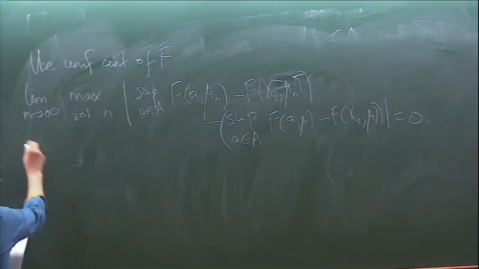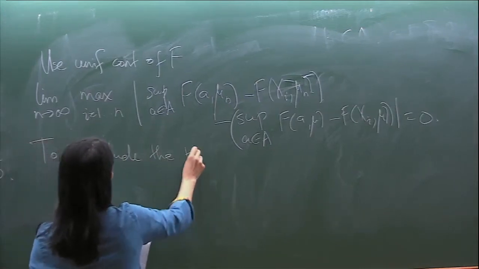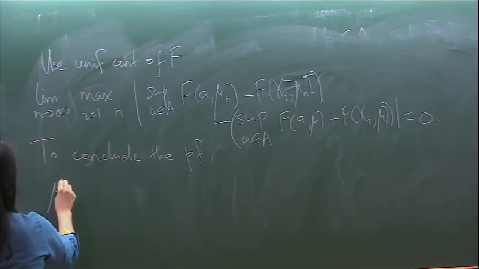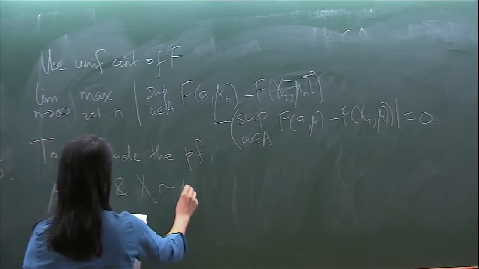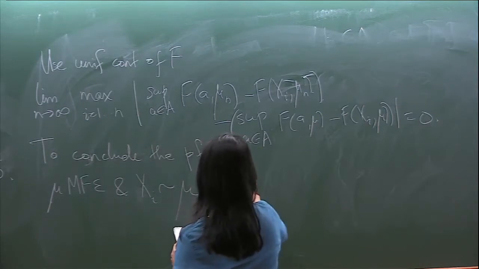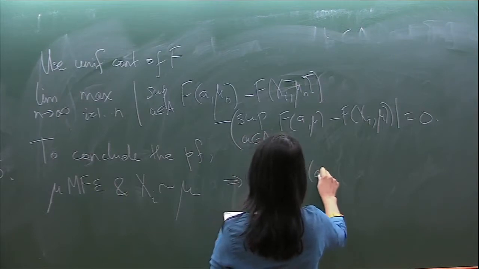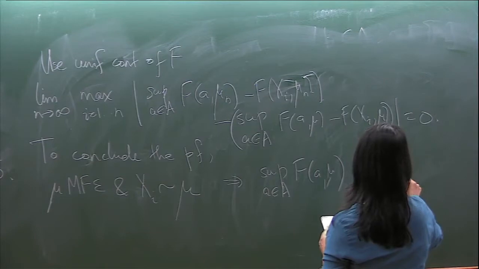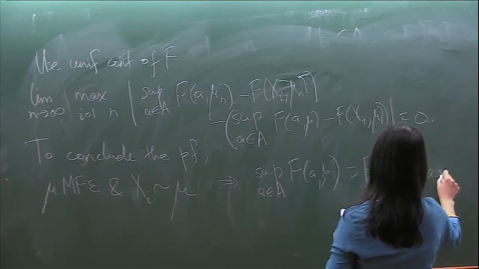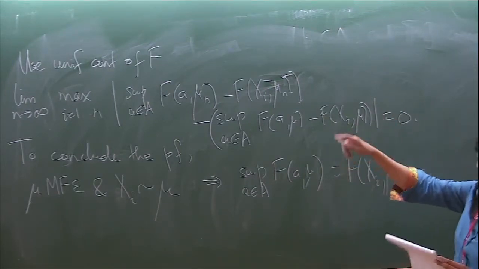And to conclude the proof, you simply note that mu being an MFE and X_i being distributed according to mu, this implies that sup over a in A of f(a, mu) is equal to f(X_i, mu) almost surely, almost surely with respect to mu. Is that clear? And so you combine all these inequalities.